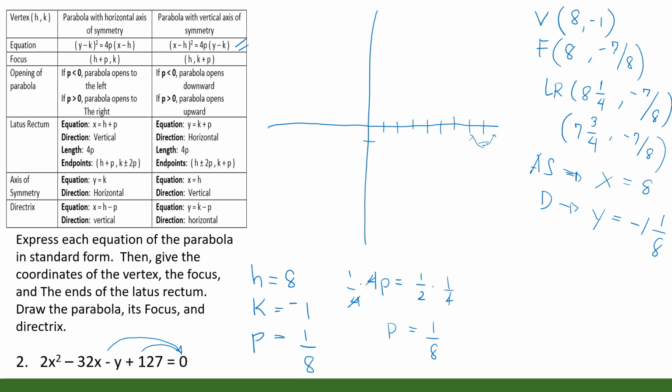And for the axis of symmetry, x equals 8, so here it is. And then the directrix, y equals negative 1 1/8, so closer to negative 1, so this will be your directrix. And this is our graph on this problem. Got it?